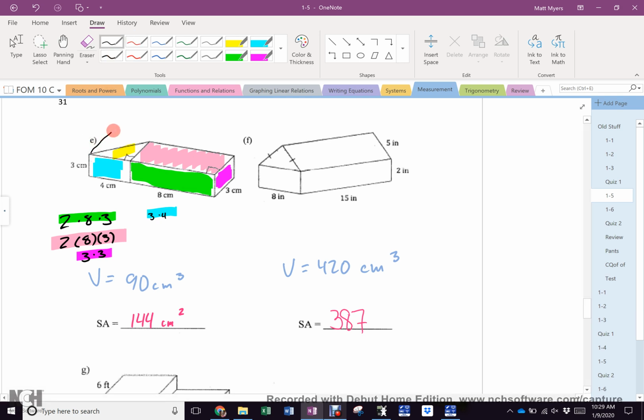So isn't it actually a rectangle that is 3 by 4? Won't that cover the top and the bottom? So I need a 3 by 4 to cover that. And then now the only thing I haven't talked about is this rectangle right there, yes?